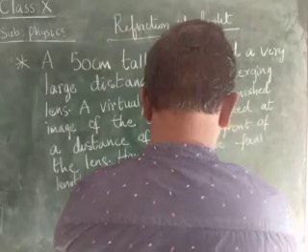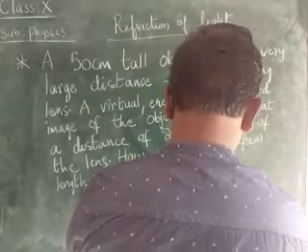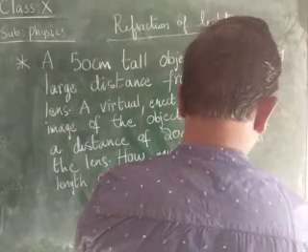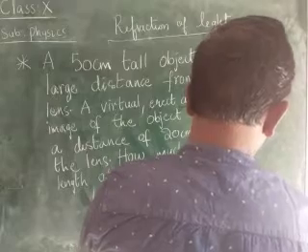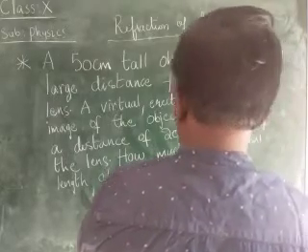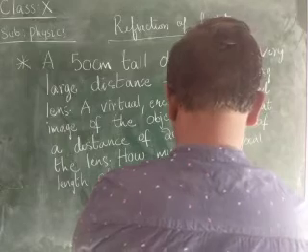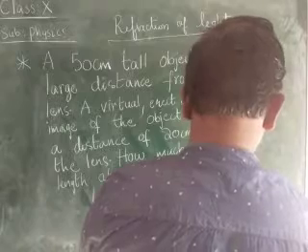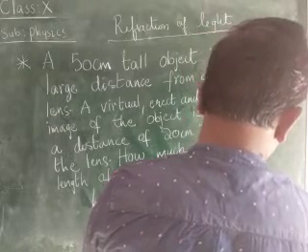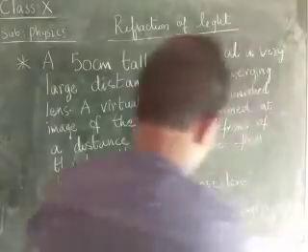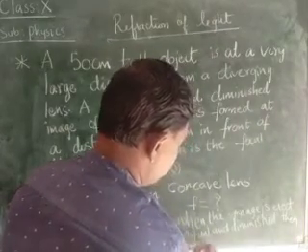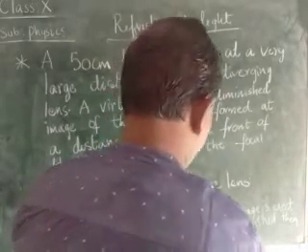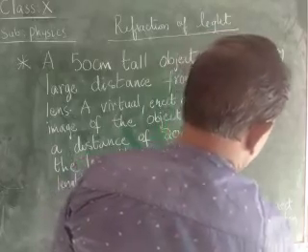Therefore here we can write this as: when the image is erect, virtual and diminished, then the focal length is equal to the image distance, that is equals to 20 centimeter.